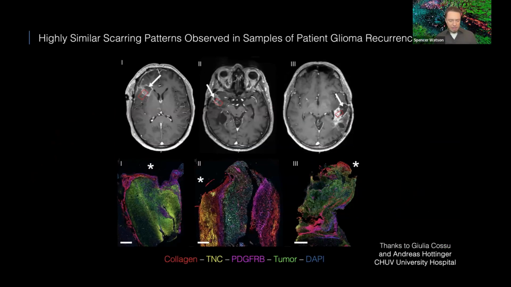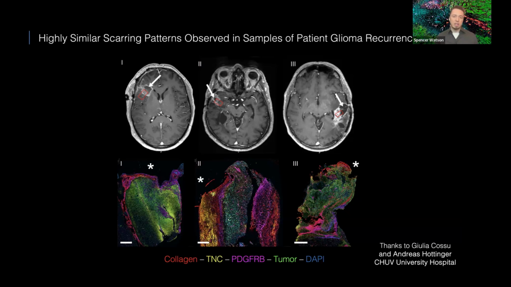So to try to validate this in the patient setting, we teamed up with some neurosurgeons at CHUV University Hospital in Lausanne. And so the way this worked is when a patient came in for surgery for their recurrent glioblastoma, we had the opportunity to sit down with their MRI data and then identify regions of putative fibrotic scarring that was related to the treatment of their initial primary glioblastoma.